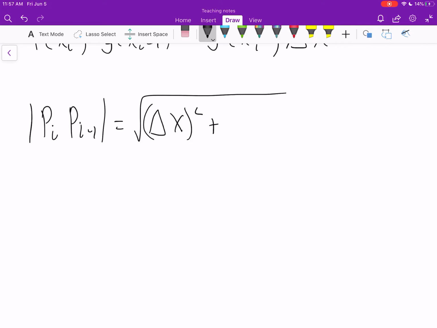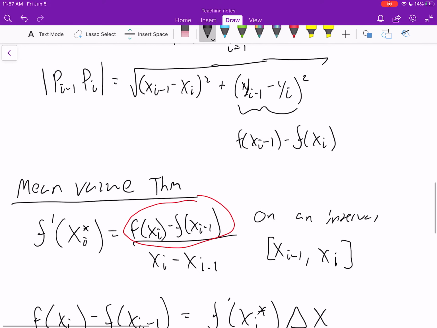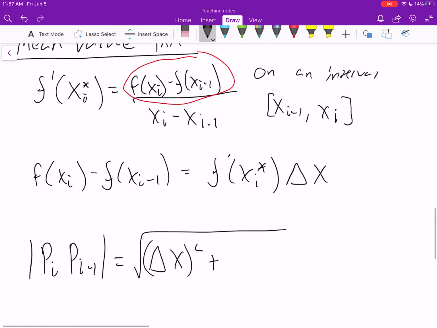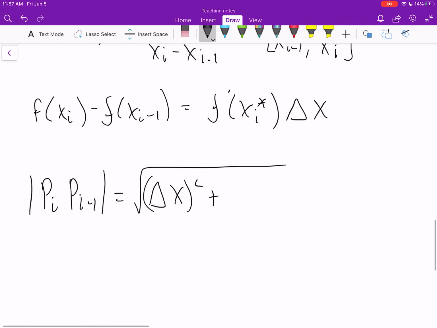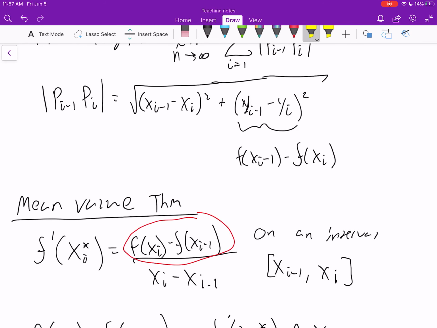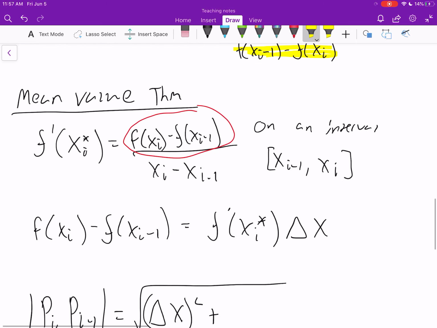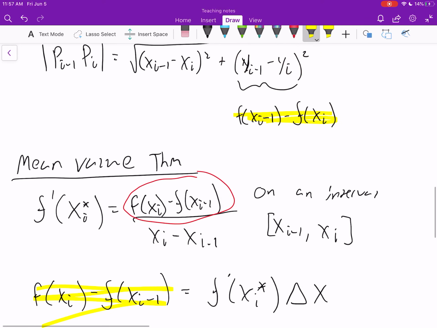And then we're going to replace this f of x sub i minus f of x sub i minus 1 term with what I've just solved for here. And don't worry about the minus sign. I'm squaring that difference, so I can take a minus sign out and switch the order.